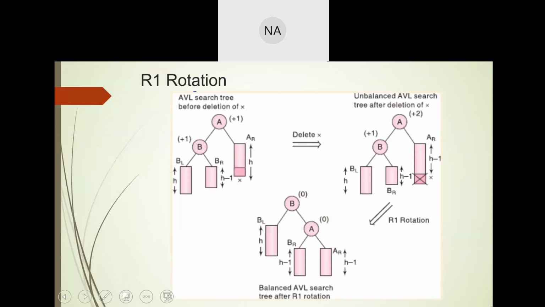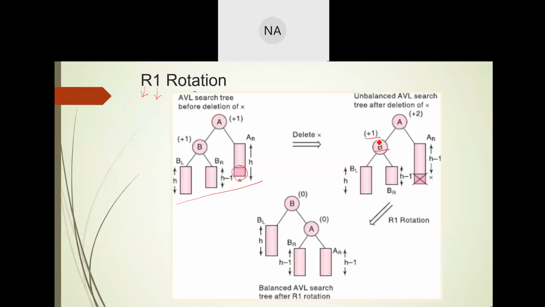Now R1 rotation. R1 means that the deleted node is in the right subtree of node A and the balance factor of node B is 1. Node B in this case is the root of the left subtree of node A. For example, here node X is deleted from the right subtree of node A, and the balance factor of the root of the left subtree of node A is +1.